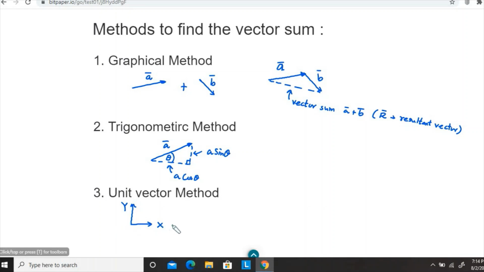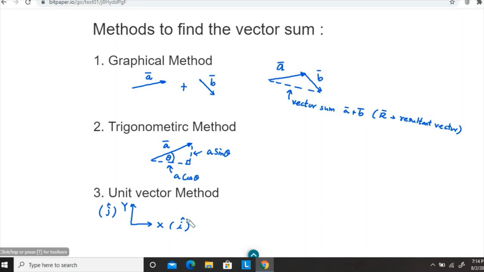For example, along the positive x-axis, we define the unit vector as i hat. That symbol on top of i is called the hat. Along the positive y direction, we define a unit vector called j hat.